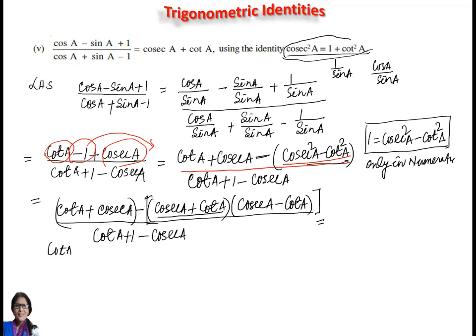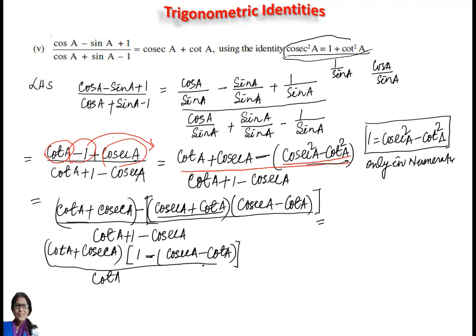Cot A plus cosec A I'll take common. So for the first term, it will be left only 1. And what will be left here? Within bracket, I'll get a cosec A, I'll get a minus cot A. And denominator is cot A plus 1 minus cosec A.